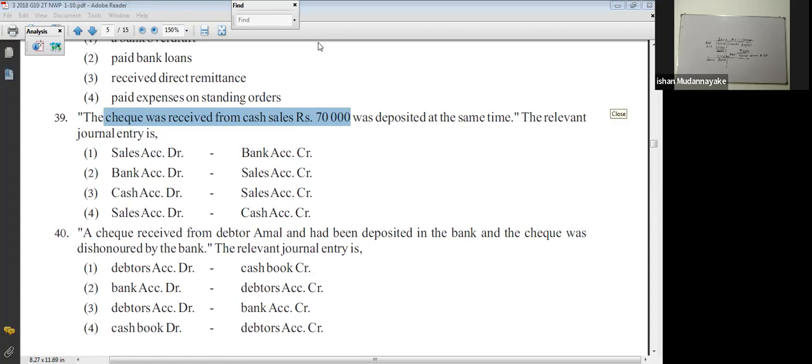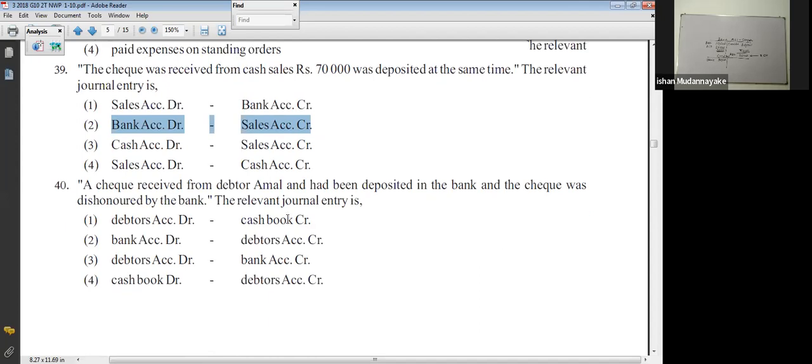The second one is the answer: bank account debit, sales account credit. We can discuss these things again later, because of this paper we need to complete this one. Bank account debit, sales account credit.